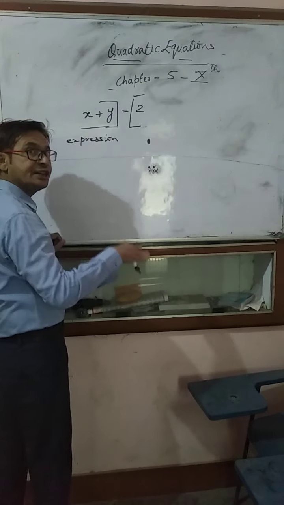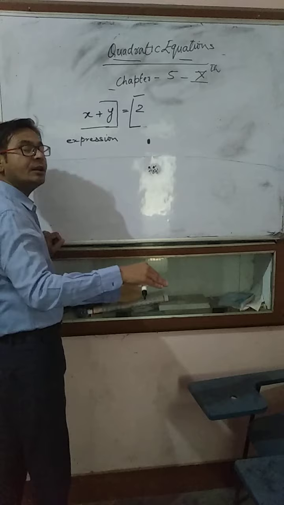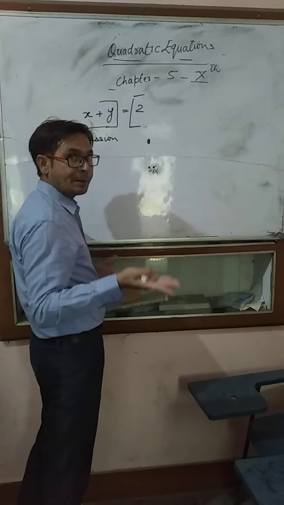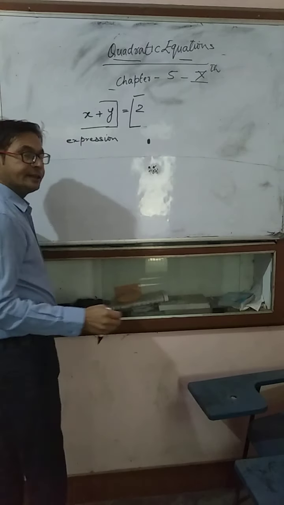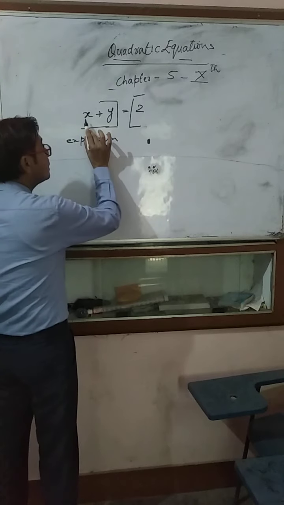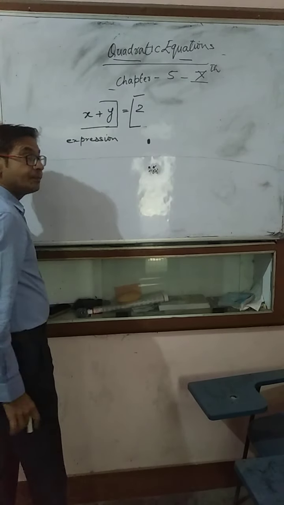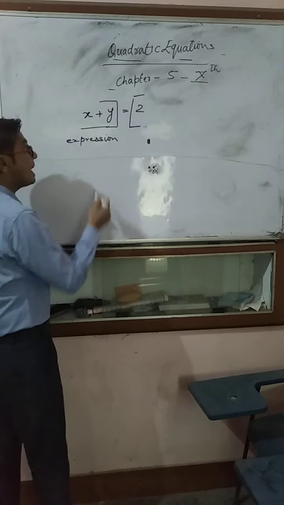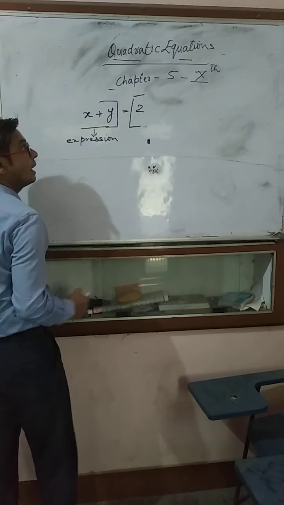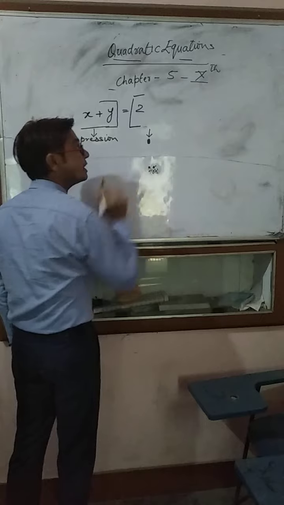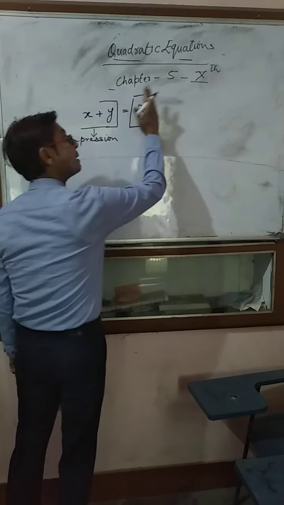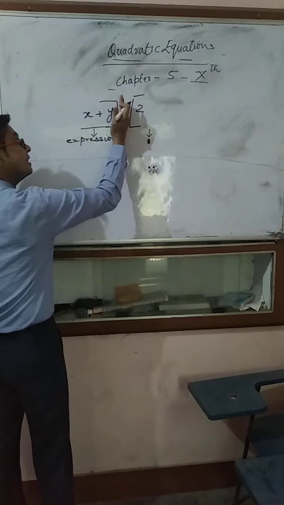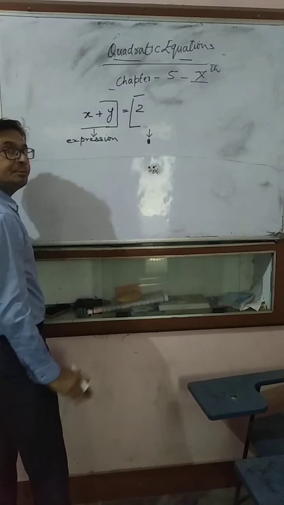It may be multiplication, it may be division, or whatever operations are applied. So here addition. This whole is known as expression, and this part is also known as expression and this part is also known as expression.